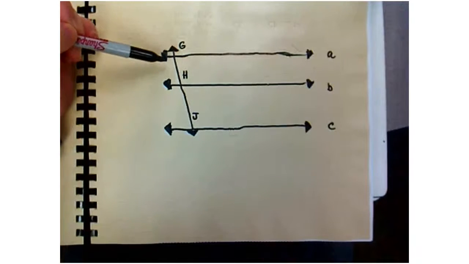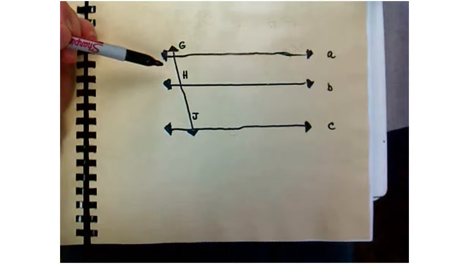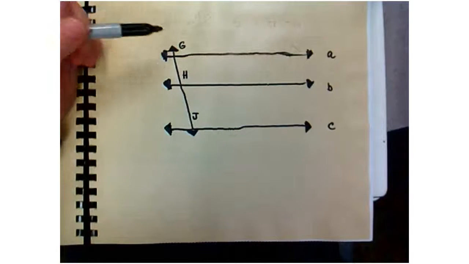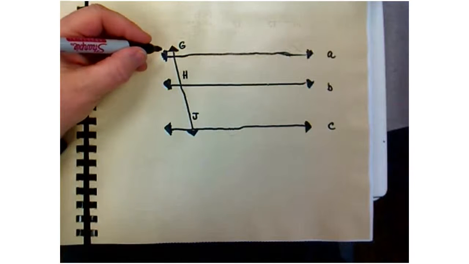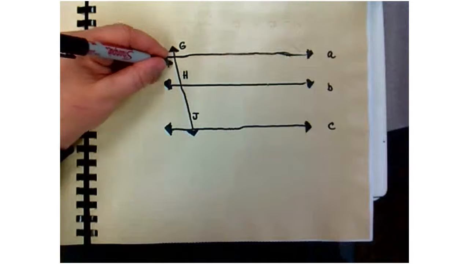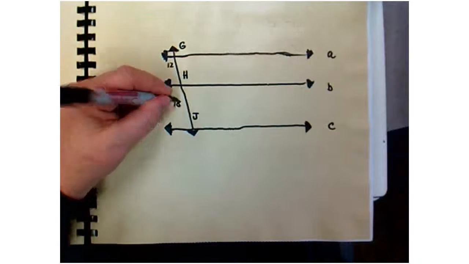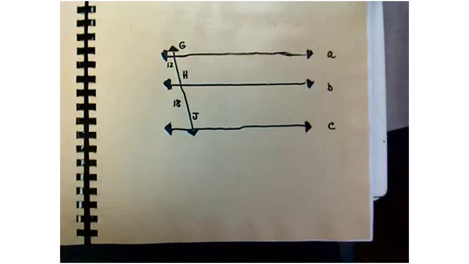Off to the left is 12 from G to H and 18 from H to J. See that?